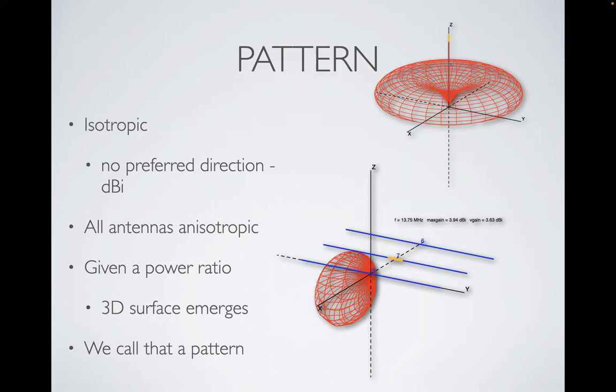If we take any kind of antenna structure and ask what the power ratio is at a certain point away from the antenna, compared to right nearby the actual metal and farther out, you'll see that a three-dimensional surface comes out from that. That three-dimensional surface is called a pattern, and it tells us where the energy is mostly going for a particular antenna structure.